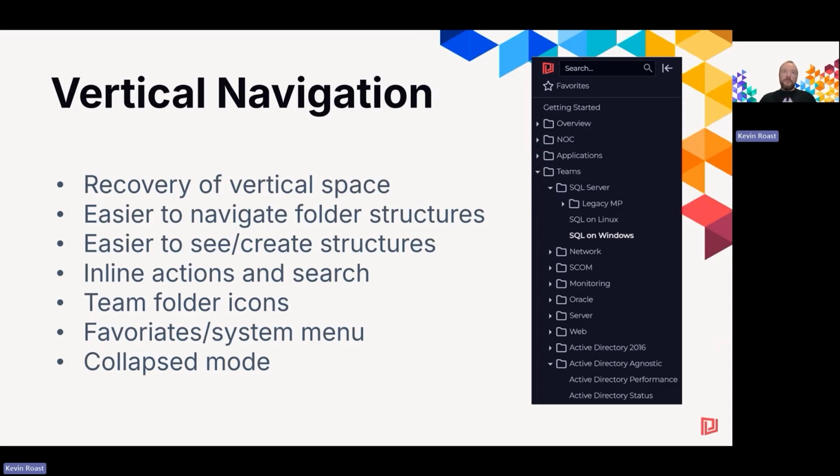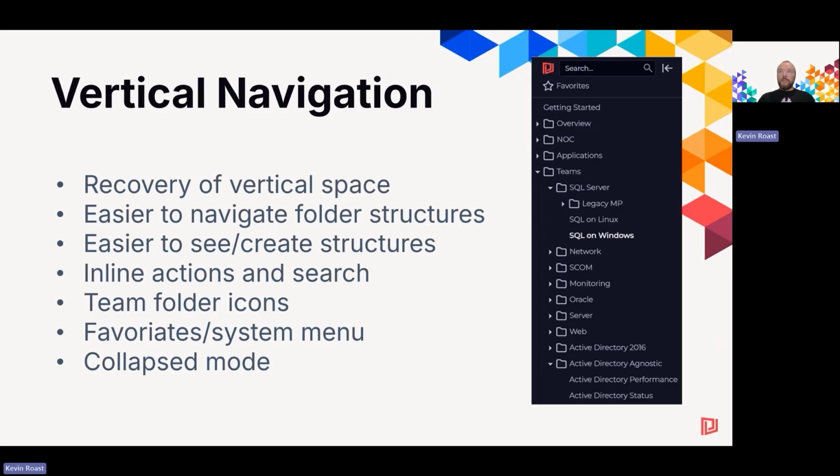So we wanted to reclaim that, where previously we would have had quite tricky to use menus at the top that took up quite a bit of space and were a little fiddly when you had large structures. So in particular, where we've seen customers have multiple nested folders, so 3 or 4 nested folders, trying to navigate those menus is very tricky. So we wanted to solve that problem as well.